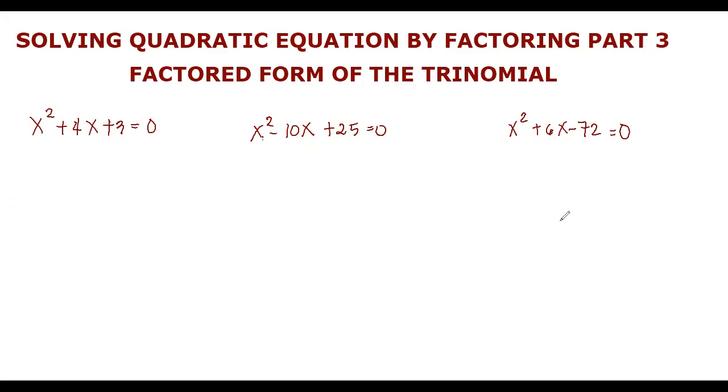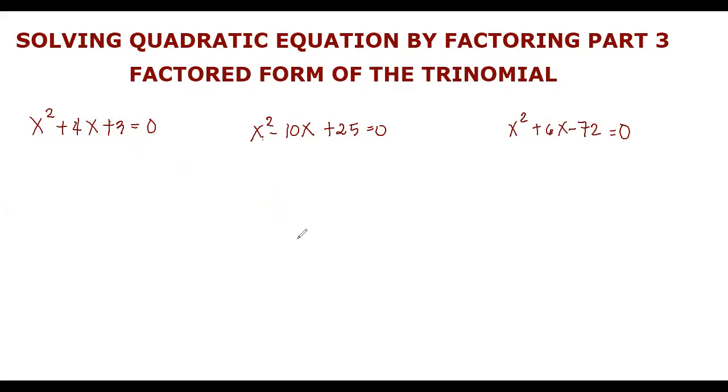So we need to get the factors of the last term, and if you get those factors, their sum must be equal to 4. So what do you think are the factors of 3 that, when added, give 4?